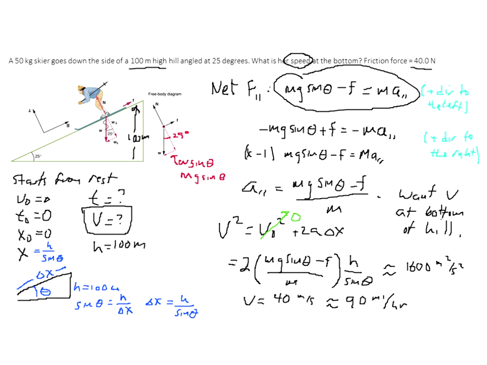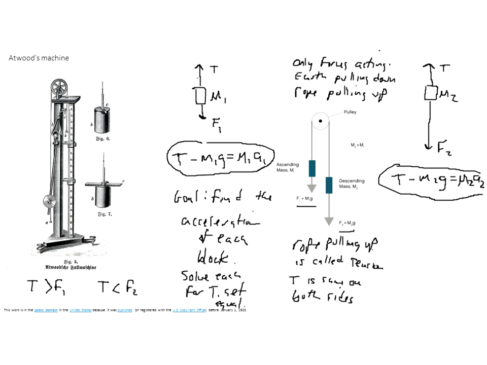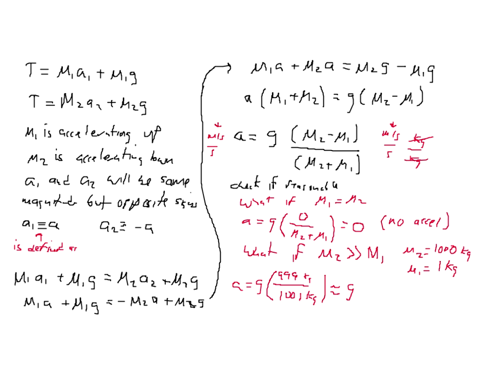So in this problem, we started with a force equation, but then we went to a kinematics equation depending on what we wanted to do. Here we just used the force equation, and it was a statics problem because we had no acceleration. And then finally we did an algebraic solution, and we used the algebraic solution to check for reasonableness, which seems odd because there's no number, but we looked at two easy to check scenarios: masses equal, drastically different masses.